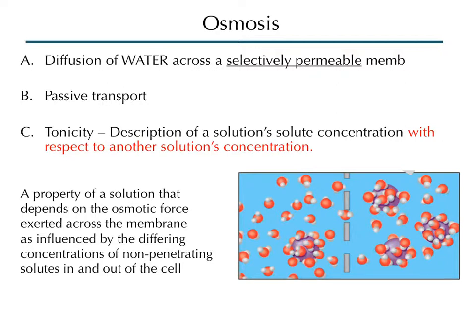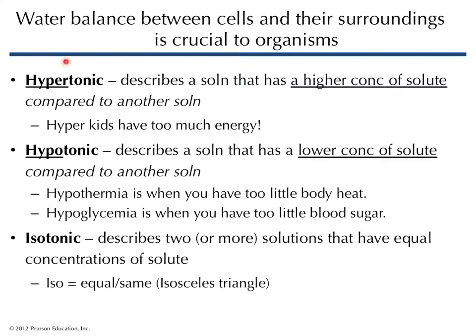And we use terms to describe the conditions of the two sides compared to each other. We call those tonicity descriptions, or the tonicity. And so there's three main terms to use with tonicity. So one of those terms is hypertonic. Hyper means lots, so like hyperactive children have lots of energy, too much energy.